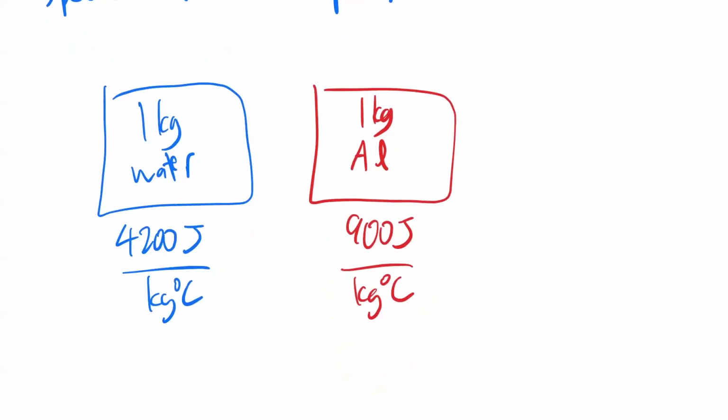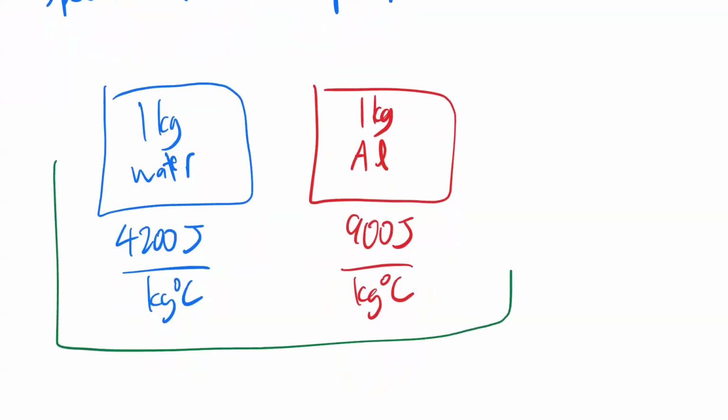So how is that applicable? Let's imagine I put both of these things into the same hot pot, 1 kg of water and 1 kg of aluminium on both sides. This fire that I provide, I set it to be specifically only supplying 9,000 joules of heat.